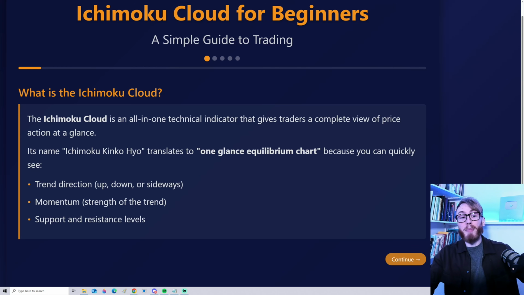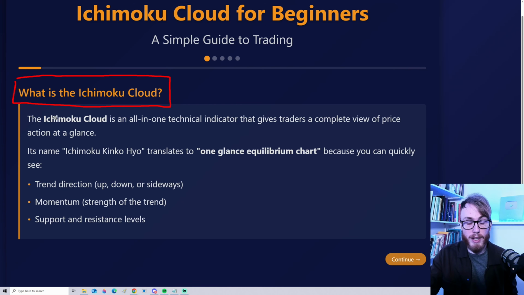But now, before we dive back into TradingView, let's just take a look at the very basics. What is the Ichimoku cloud in the first place? Well, the Ichimoku cloud is basically an all-in-one technical indicator that gives traders a complete view of price action at a glance.